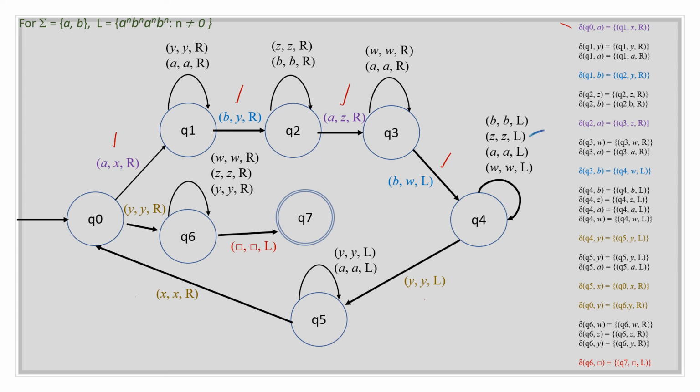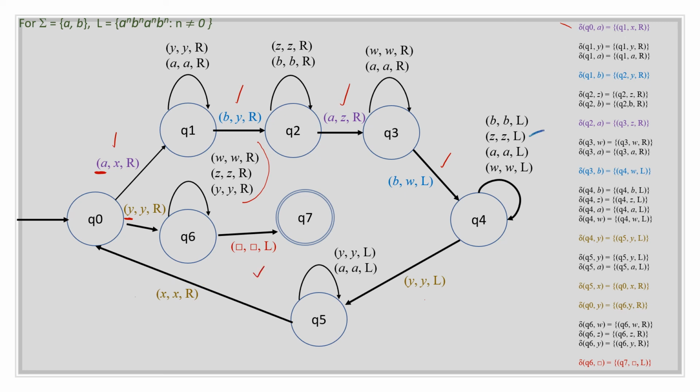Then this is how you locate the X. Remember, you have to go back to the beginning. You locate the X. And then if there's another A, you're going to go through the whole thing again. If all the A's have already been turned to X's, then there will be a Y. And then you're going to go past to make sure you have all W's and Y's and Z's, and then you will lead to an accepting state.